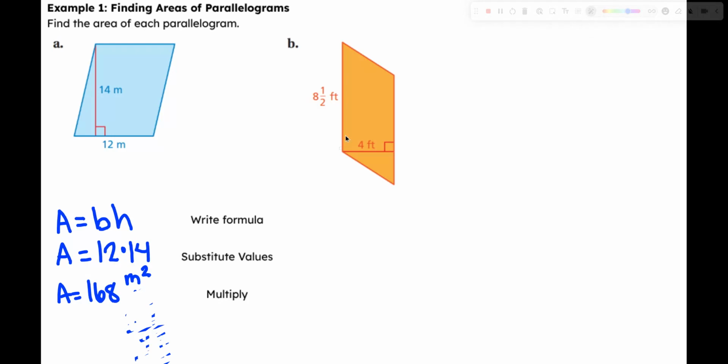The same thing on this next one. We're going to write the formula: area is equal to base times height. Again, BH means base times height. I can write the dot, I don't have to. On this one, the base is actually this side, so I'm going to write 8.5 times the height, which is 4.